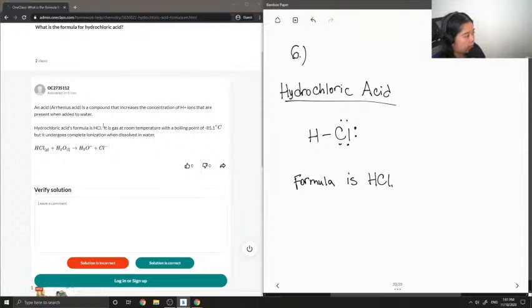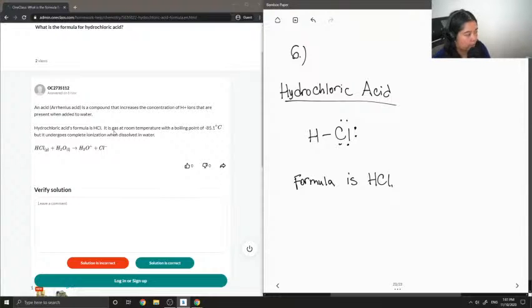An acid, Arrhenius acid, is a compound that increases the concentration of H+ ions that are present when added to water. Hydrochloric acid's formula is HCl. It is a gas at room temperature with a boiling point of -85.1 degrees Celsius, but it undergoes complete ionization when dissolved in water.